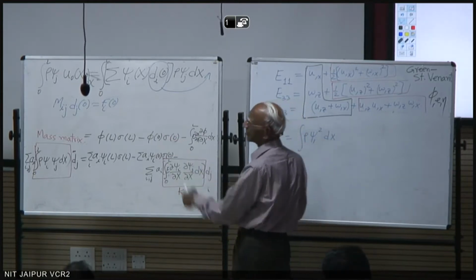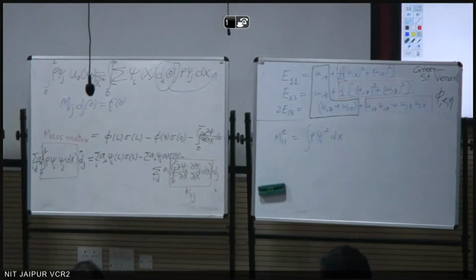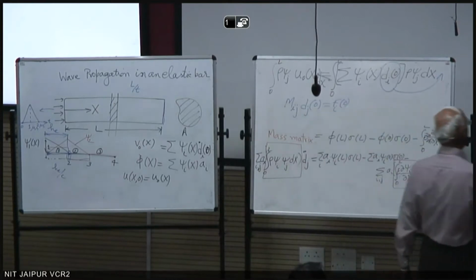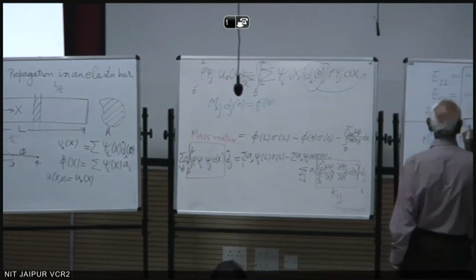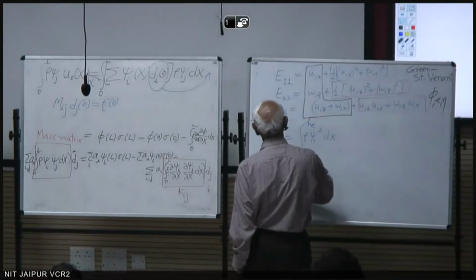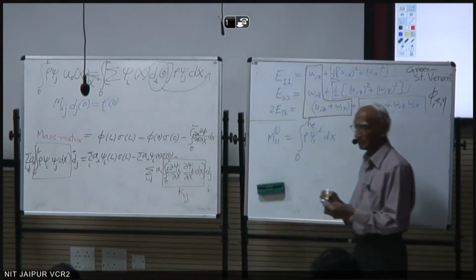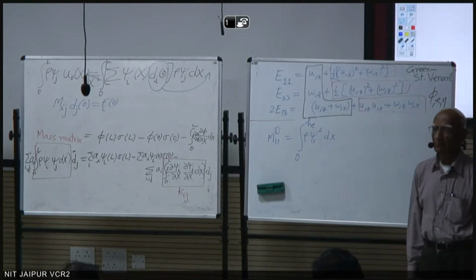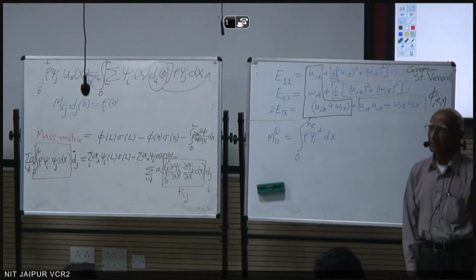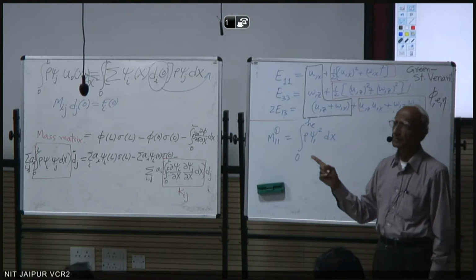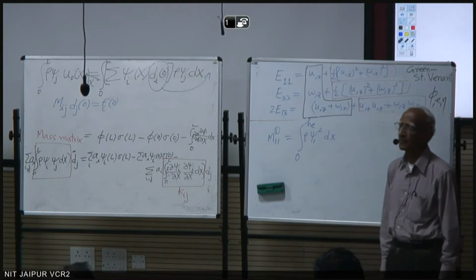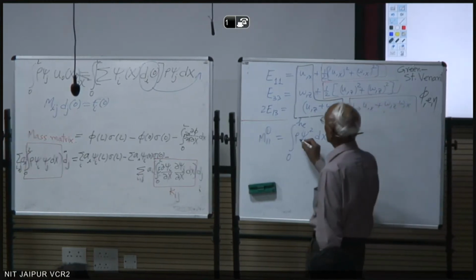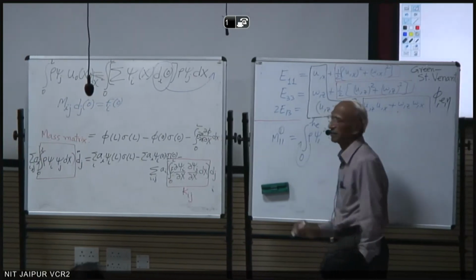And if I am on, say, element 1, this element, then I'm going to integrate from 0 to HE. Rho is constant, so we can take it out.